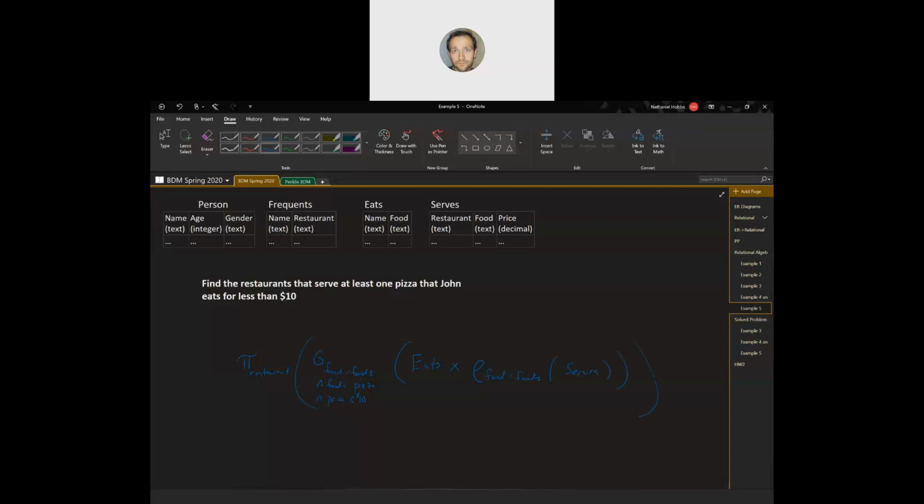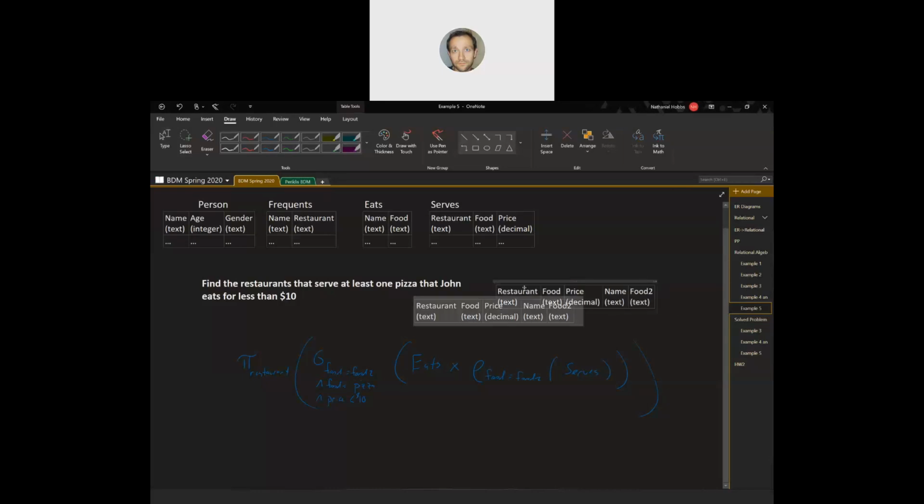Yes, this looks almost perfect. It's missing something very small. So, yes, there you go. Name equals John. So, yeah, this one was actually one of the slightly easier ones comparatively.